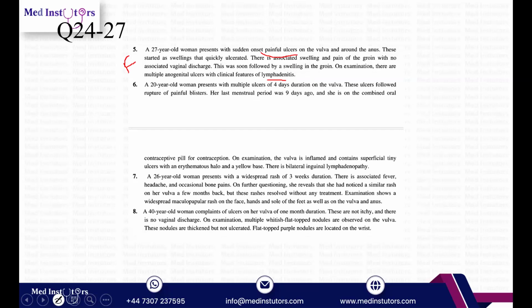A 20-year-old woman presents with multiple ulcers of 4 days duration on the vulva. These ulcers followed rupture of painful blisters. Her last menstrual period was 9 days ago and she is on the combined oral contraceptive pill for contraception. On examination, the vulva is inflamed and contains superficial tiny ulcers with an erythematous halo and yellow base. There is bilateral inguinal lymphadenopathy. The clincher here is superficial ulcers with erythematous halo and yellow base, and it's painful.